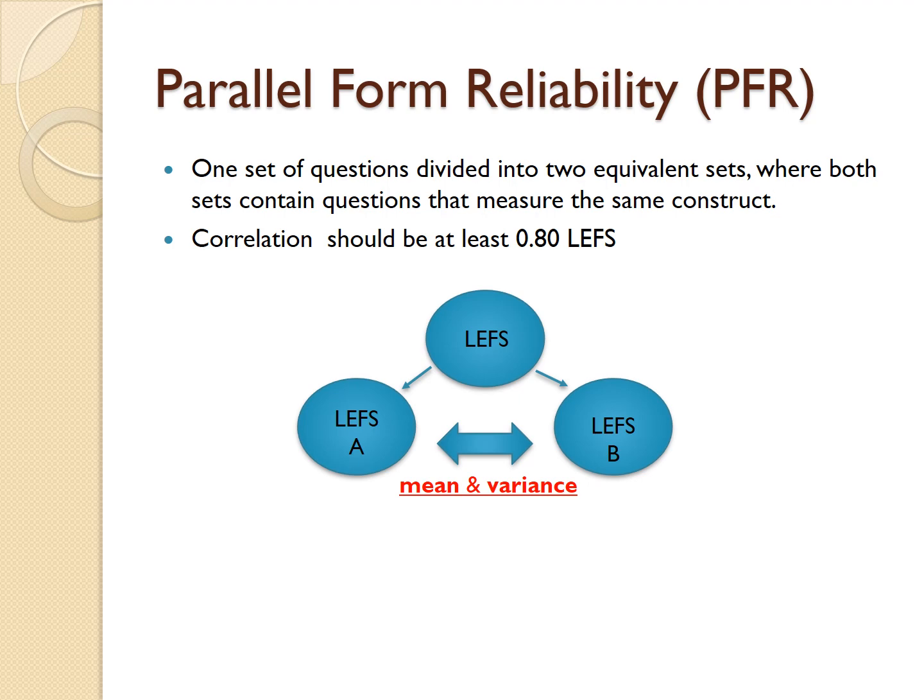Are they measuring the same construct? Are they agreeing? What it means is, do they have the same mean and variance? And that is what is important when we look into the parallel form reliability. Whether the two tests that are divided, do they have the equal mean and the variance?